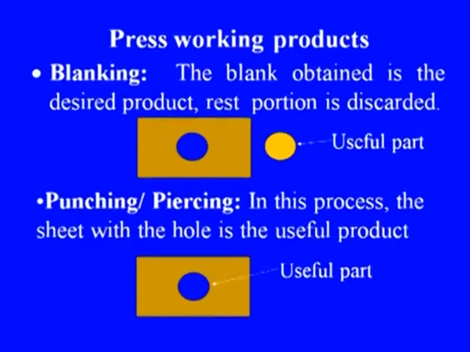In contrast, in the piercing process, the sheet with the hole is considered as the useful product. The corresponding metallic part produced as a result of producing this hole is now discarded.